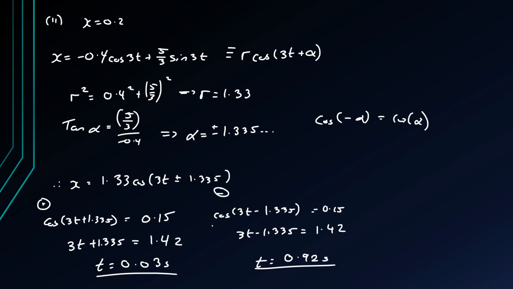Which looks to be a couple of period cycles after this. So we're actually just going to consider that 0.03 is the time taken. So although tan here is negative, because cos is reflective, and therefore you can take the negative out of it, we would consider this to be our solution. However, I wouldn't see a whole problem with assuming that 0.92 would also be a valid solution.